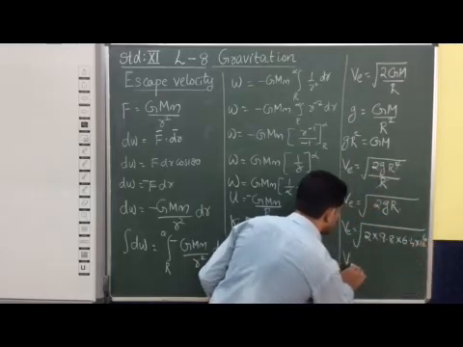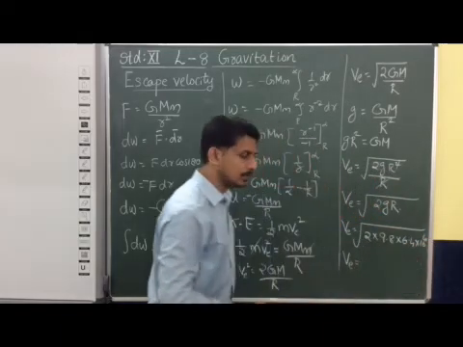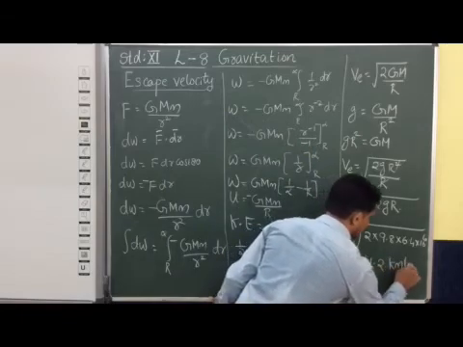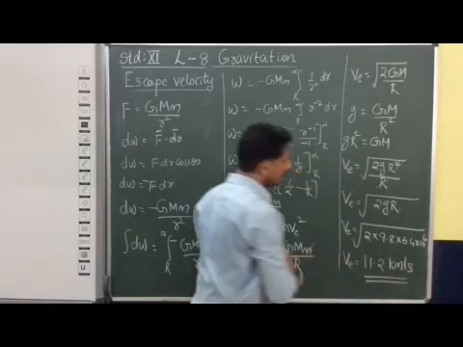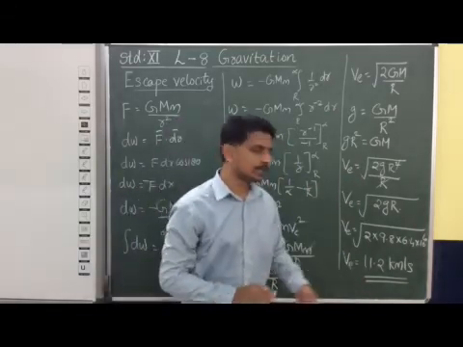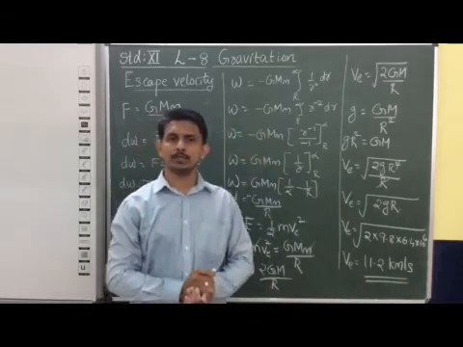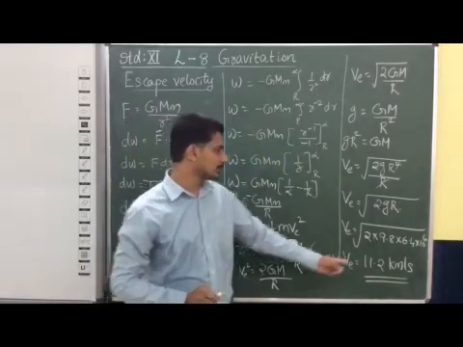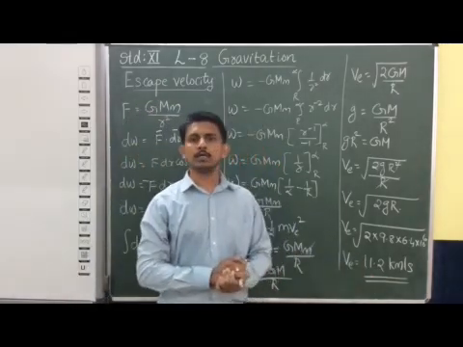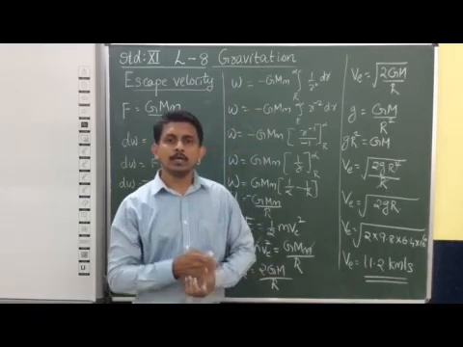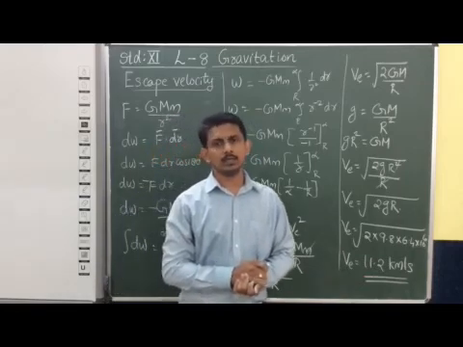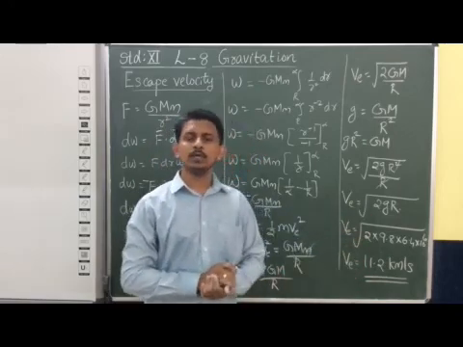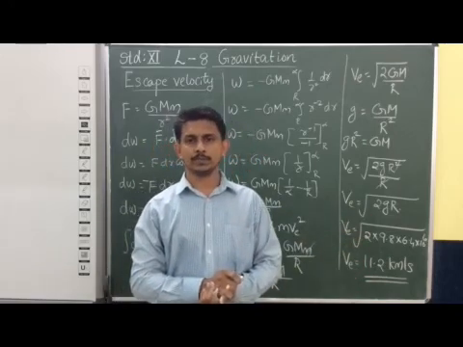Doing this calculation, we get 11.2 kilometer per second. That means if an object acquires this much speed, 11.2 kilometer per second, it can escape from the surface of the earth. So this is the expression as well as the value for the escape velocity of an object.